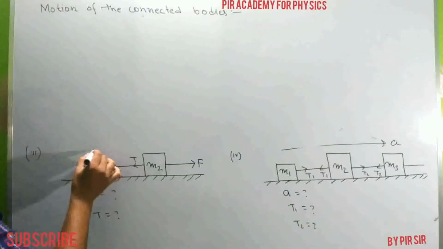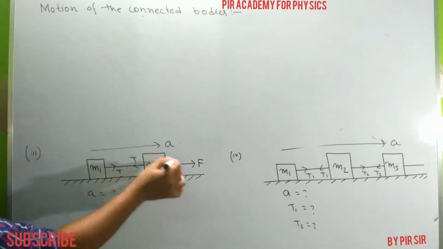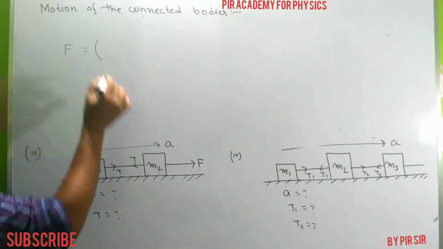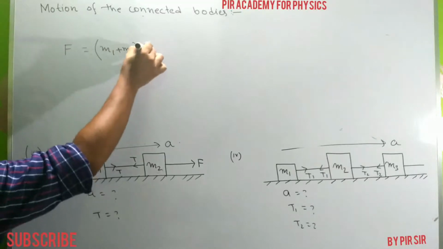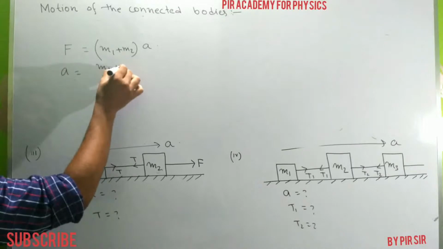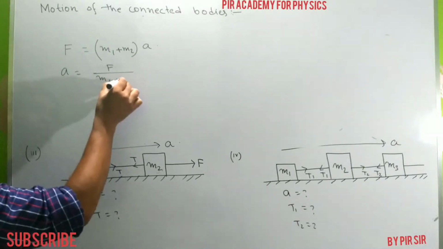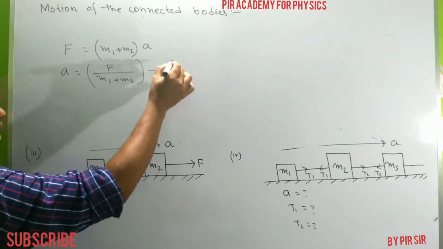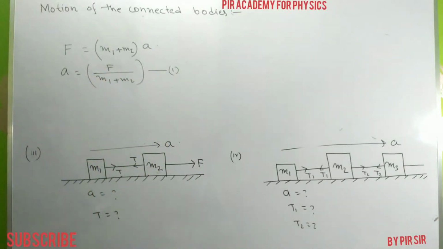Here the total system is accelerated by A. That means total force F equals total mass, M1 plus M2, into acceleration. That means acceleration is F divided by M1 plus M2, the same as calculated earlier with bodies connected to each other by contact.